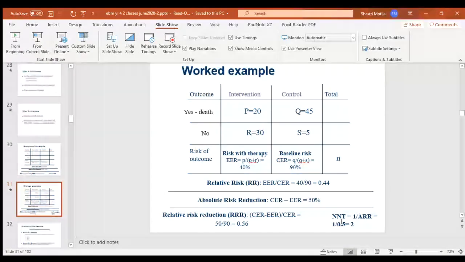And here we worked out the numbers needed to treat: 1 divided by the absolute risk reduction, 1 divided by 50%, which is 2. So again, in this case, for every 2 people we treat with this intervention, we'll stop 1 person from dying. So what do these measures actually mean?